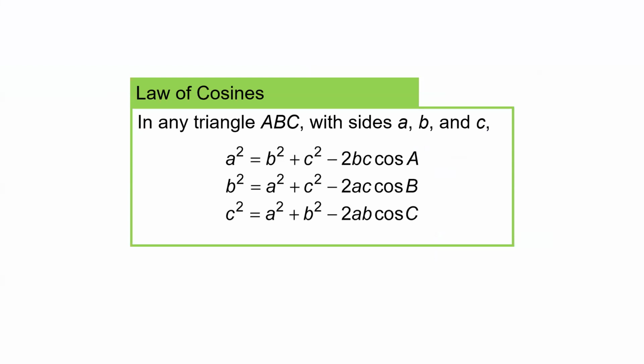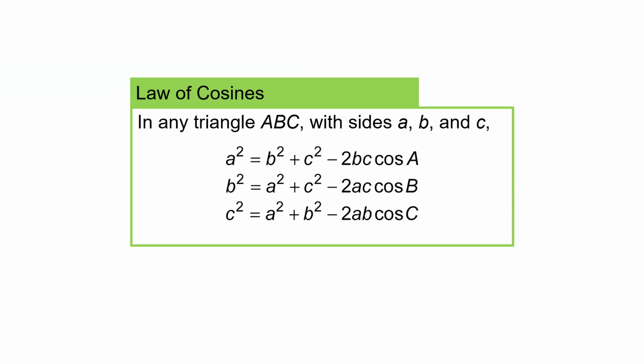Your law of cosines is useful when you're given, this is what you're writing, the law of cosines, when you're given the sides and no angle. Does that make sense?